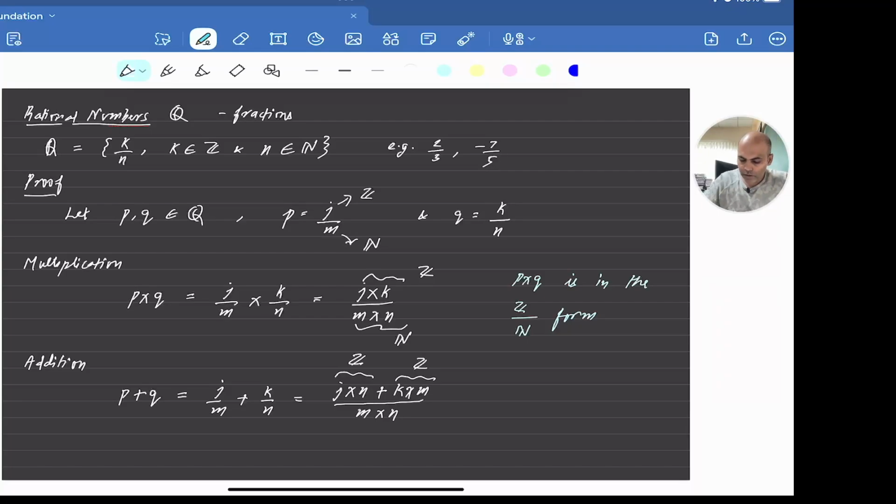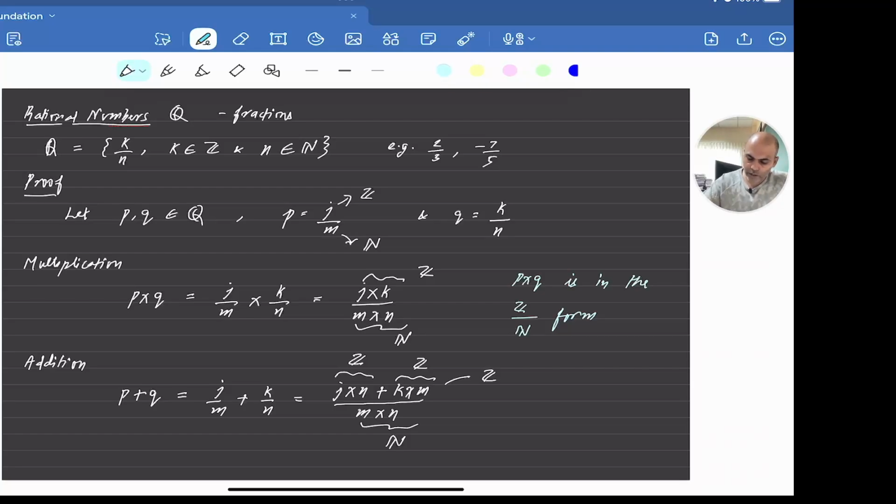And since integers are closed under addition, if you add two integers, the result is also going to be an integer. So the numerator is an integer. And as in the case of multiplication, M times N is a natural number as we just saw. So in the denominator, we have a natural number.